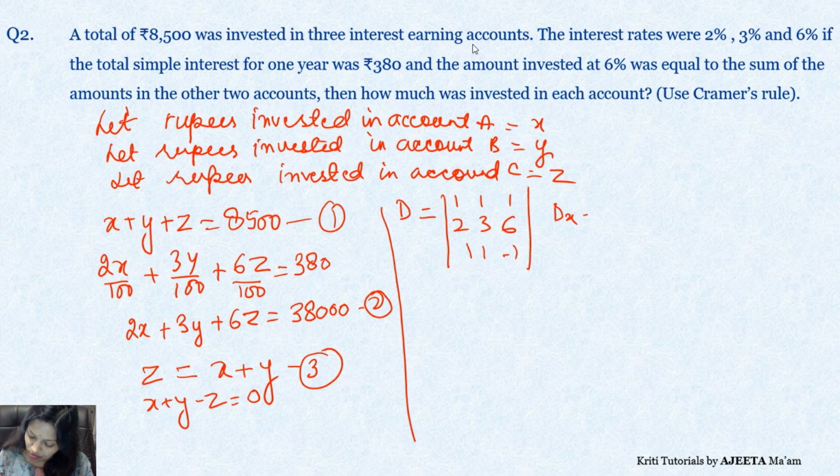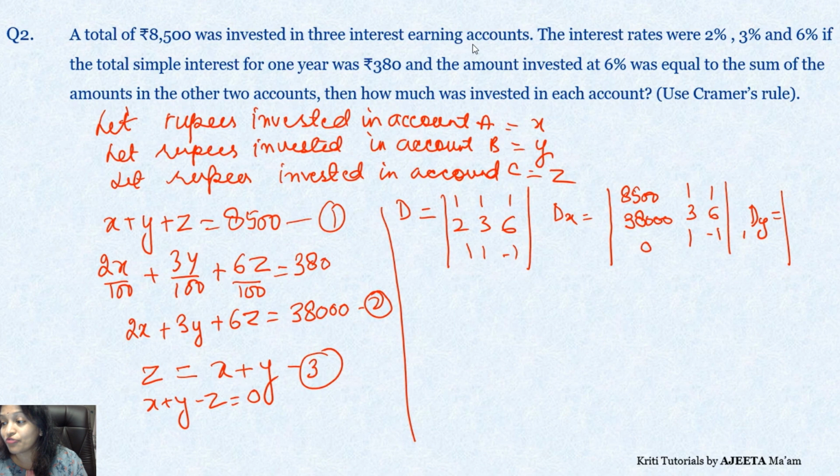Now dx will be what? We are going to replace the x coefficients with the constants. So 8,500, 38,000, 0, and here we get the rest: 1, 3, 1, 1, 6, and minus 1. Okay, now we make up the dy. Dy will be the matrix for the coefficients of x, the constant terms, and the coefficients of z.